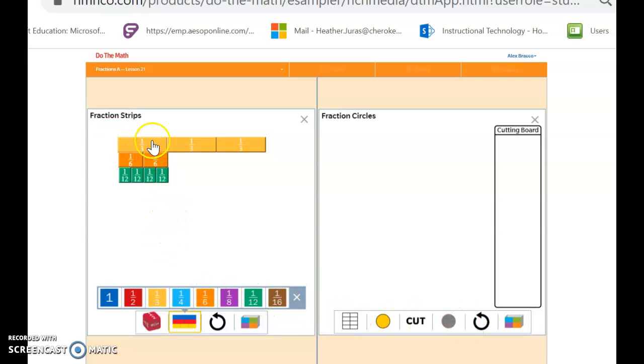All right, so now let's look at the fraction strip side. So we see that 1/3, I'm just going to bring 1/3 below, actually equals 2/6, and 1/3 actually equals 4/12, okay?